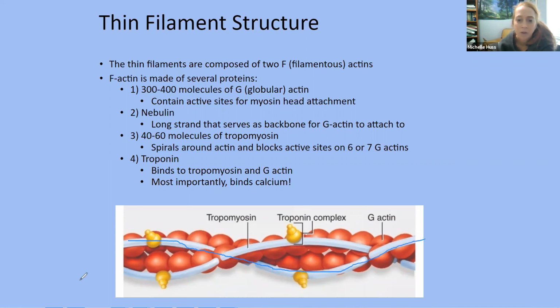Super important. So we've got two proteins so far. Another protein is called troponin. It looks kind of like a shell, doesn't it? Troponin sits on the tropomyosin, and the actin sits on the tropomyosin. So the tropomyosin is like this big string that's holding troponin and actin.